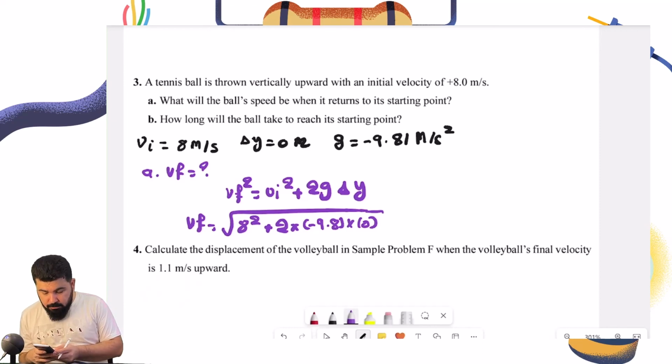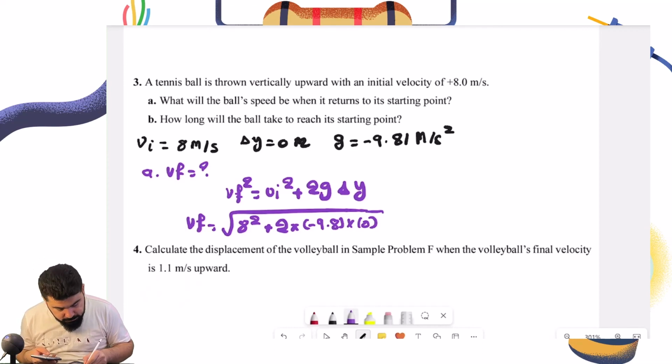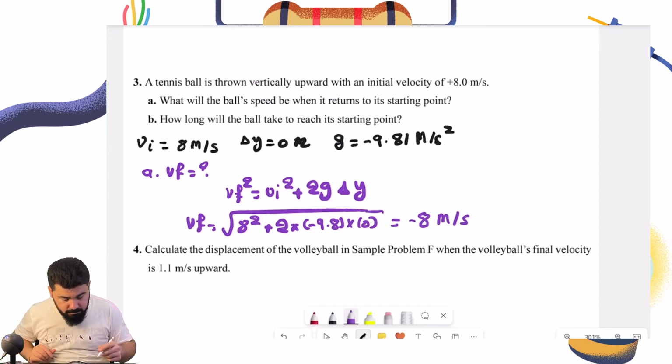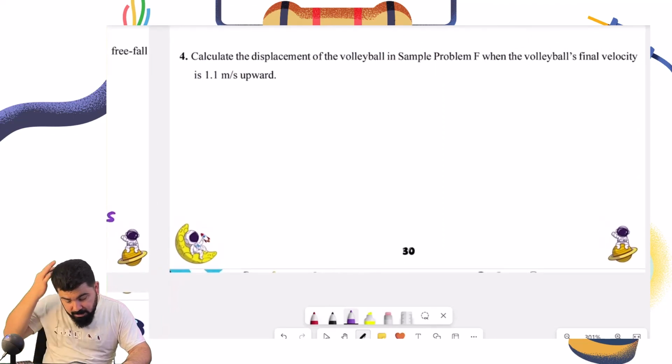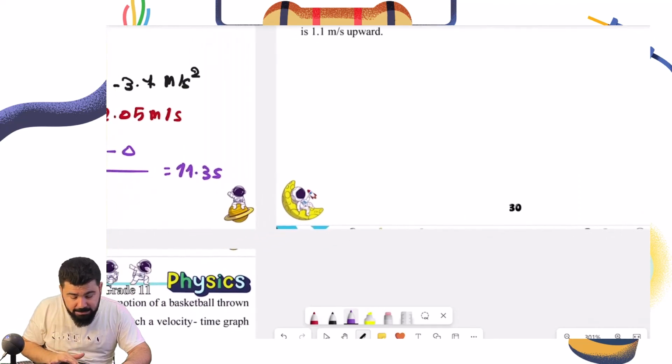So let's take the square root of 8 squared. We have 8, but we're going to say plus or minus, and we're going to take minus, so negative 8 meters per second. 8 squared is basically 64. Okay, solve question 4. We just have v final, which is equal to 1.1 meters per second. You have to find delta y.